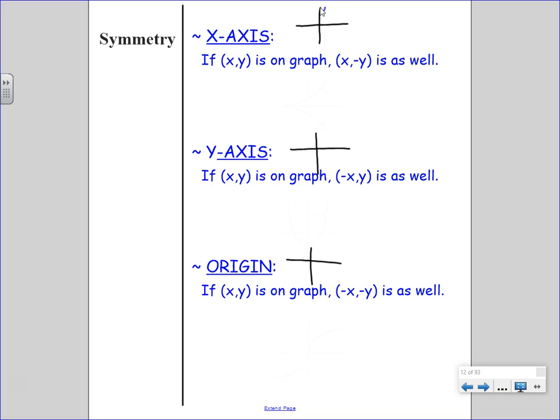If a graph, when I fold along the x-axis, would copy one side onto the other, it has x-axis symmetry. So, if I was to give you, for instance, this graph right here, the sideways parabola, maybe even shifted to the right somewhat, then that was a perfect parabola.